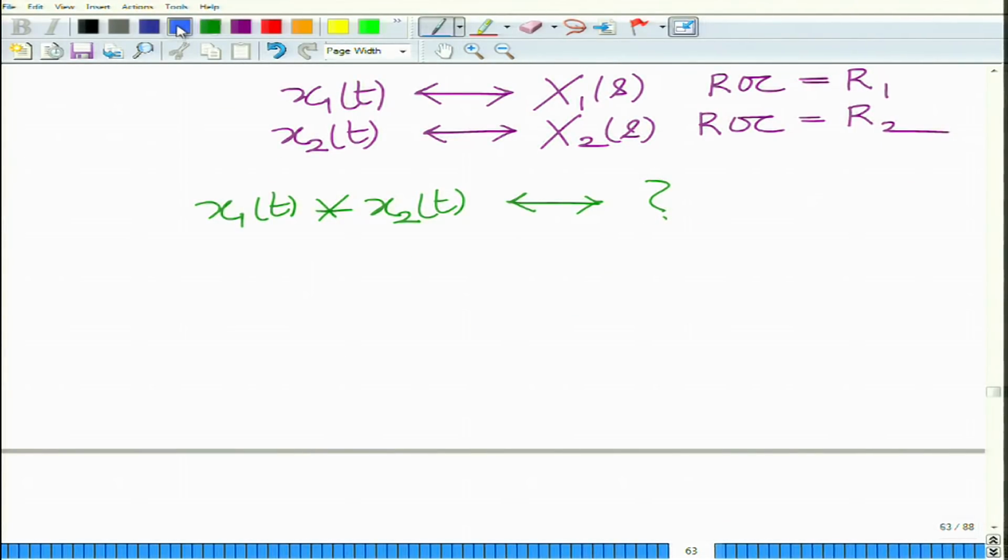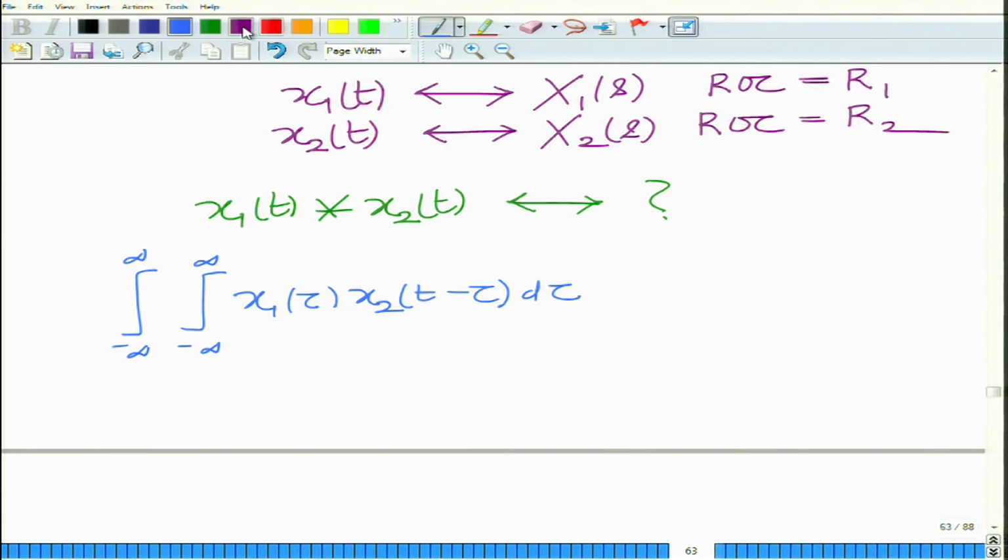Well, you can see x1(t) convolved with x2(t) can be expressed as the integral from minus infinity to infinity of x1(tau) times x2(t minus tau) d tau, and we take the Laplace transform.